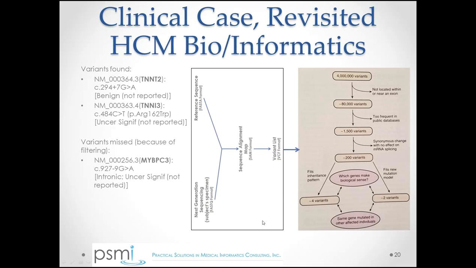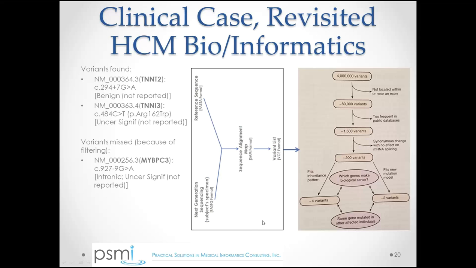Okay, so let's go back to our case and see how all of these bioinformatic resources can come together in a complementary fashion to address what I believe to be a fairly complex scenario.